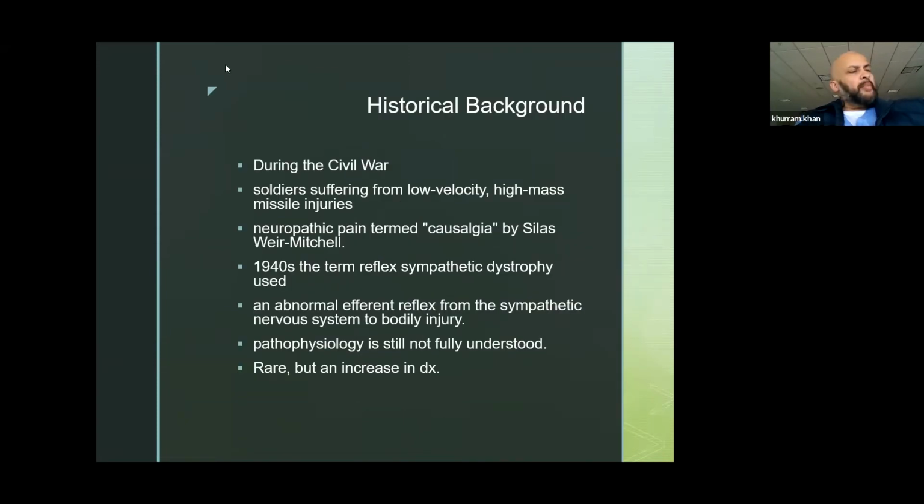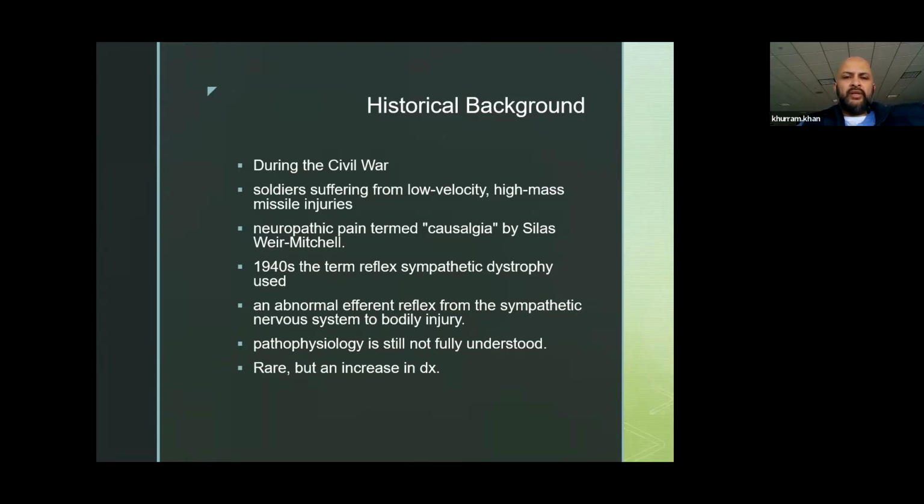So a little background about complex regional pain syndrome. During the Civil War, and even before that, the soldiers and the civilian population were coming into the clinics of the surgeons, and they were having low velocity, high mass injuries, and they had disproportionately severe pain with these injuries.